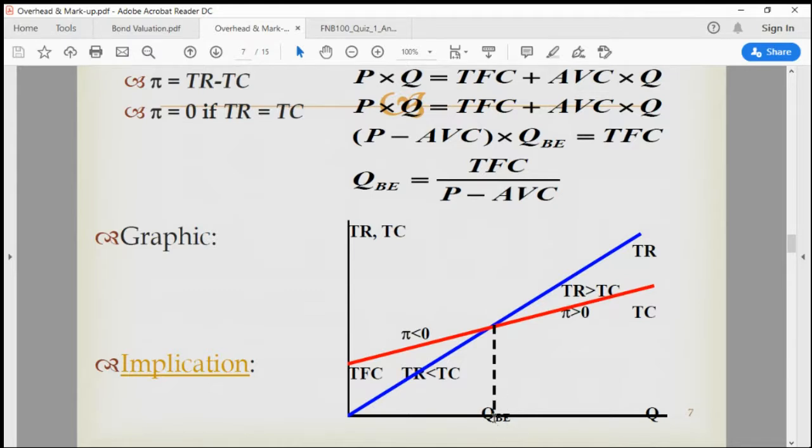At 50 million units, the company breaks even, or at about $50 million, the company breaks even. You have to express it either by quantity or by dollar amount. Make sense?